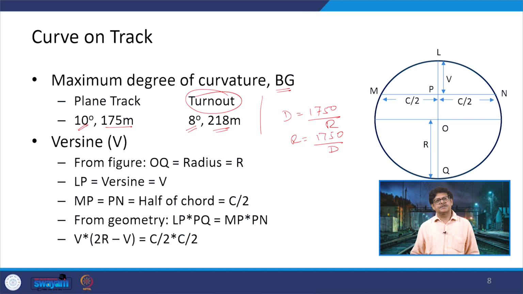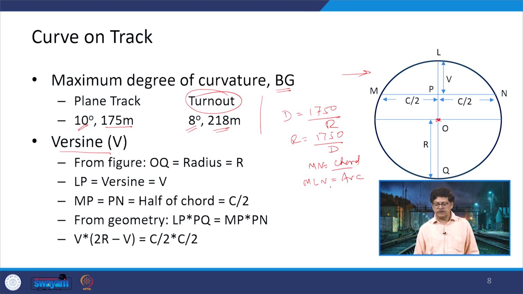Now, one other thing which we discussed was the versine. We said in the very start that we will be discussing it. Let us look at what this versine is and how we can calculate it. We can go back to the diagram shown on the right hand side. This is the center of the overall curve or circle. We have a chord MN, and MLN can be considered as the arc.